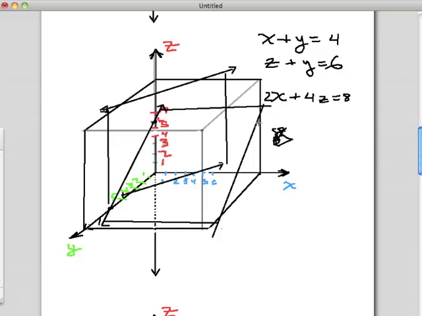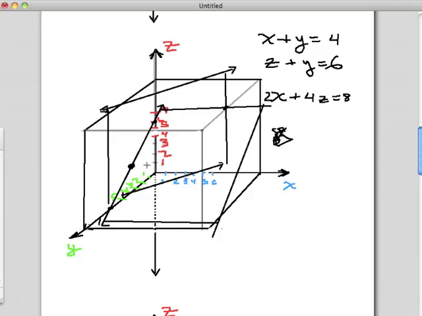Now, where would this first plane and the second plane intersect? They would intersect at a line, and you can kind of see the coordinates of the line here. This would be where this line intersects this plane, and this line intersects this plane right here. So hopefully you can see this.